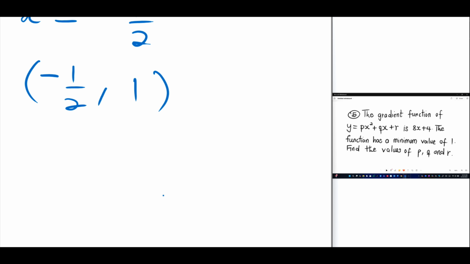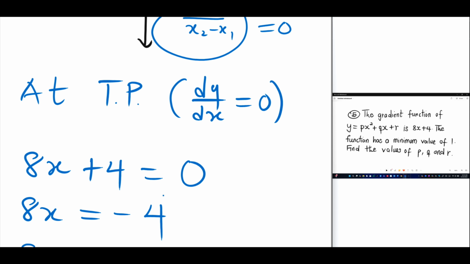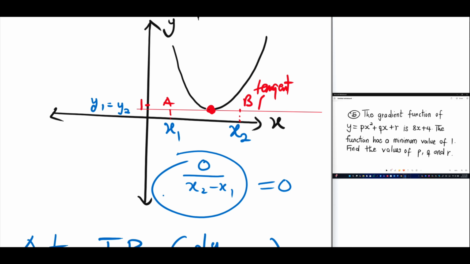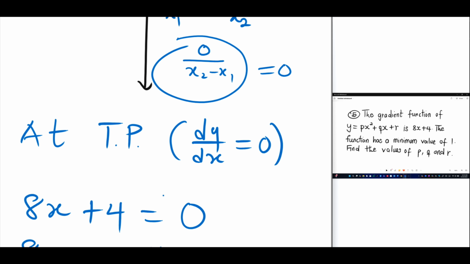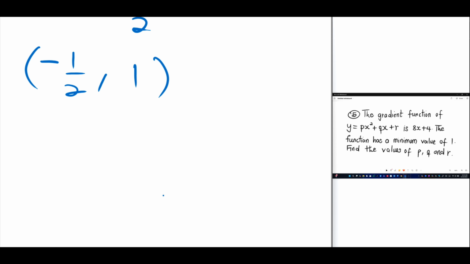That's the only thing left for us to look at. Now, let's go back to our graph. So at this particular point here will be negative half, then 1. So that's the turning point, the coordinate of the point where the curve turns.